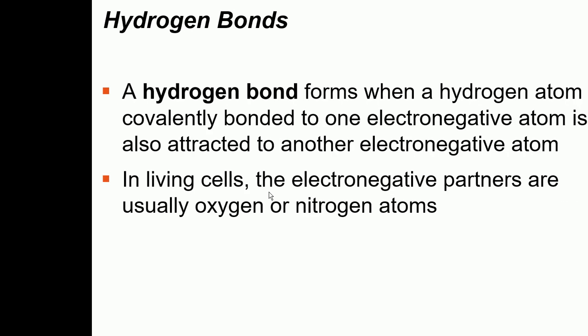The hydrogen bond is formed between two atoms, and one of the atoms is hydrogen, because the name itself says hydrogen. It's formed when a hydrogen atom, which is itself covalently bonded to one electronegative atom, is also attracted to another electronegative atom.